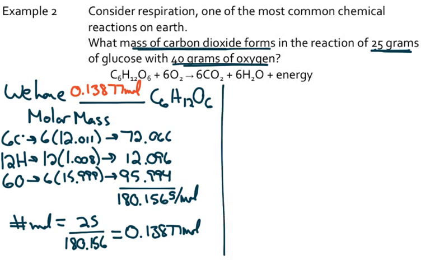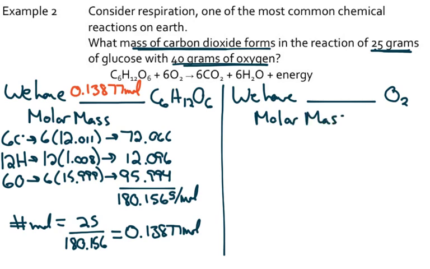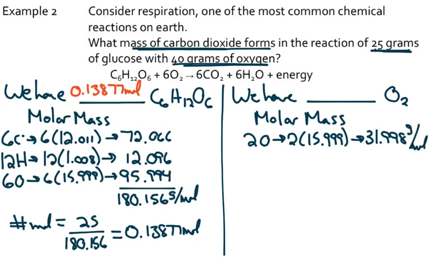Oxygen is the other substance. We need to know how many moles of it we have. The molar mass of oxygen is slightly easier. We only have 2 oxygens at 15.999, so 31.998 grams per mole.